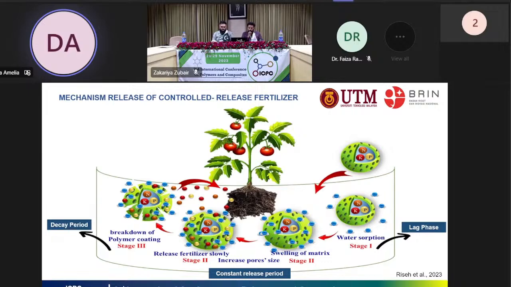Constant diffusion in this phase is due to the saturated concentration of the solution inside the granule. Importantly, raising the pressure over a predominant level may result in the rupture of the coating polymer and an instant burst release of nutrient content.